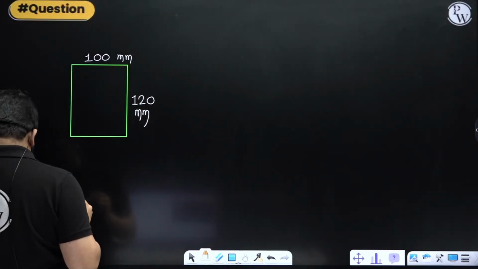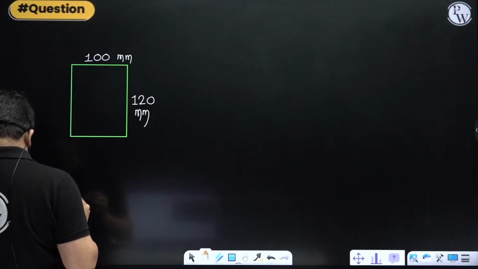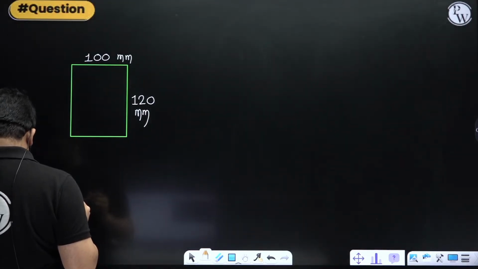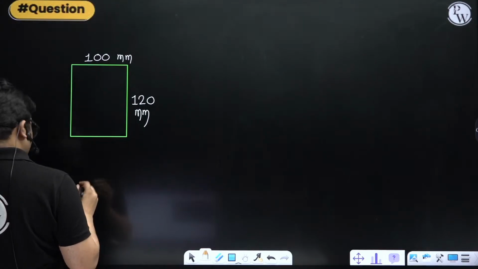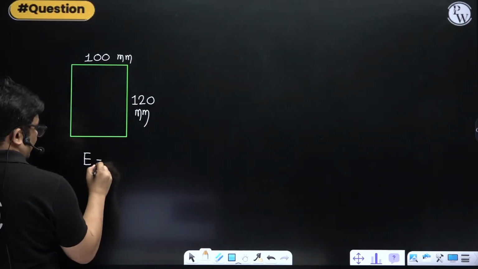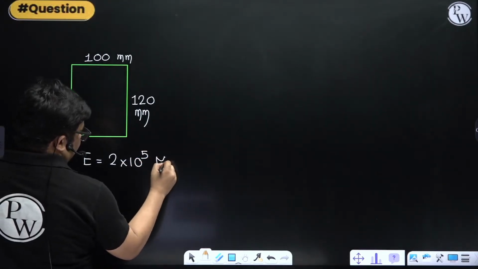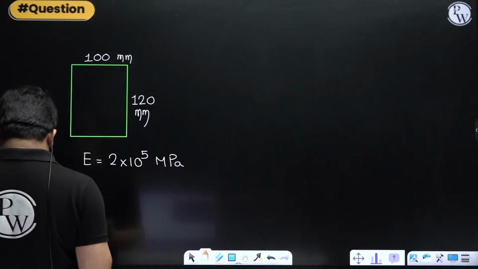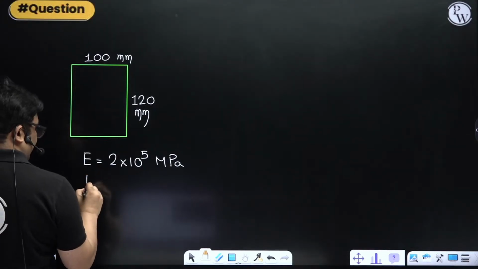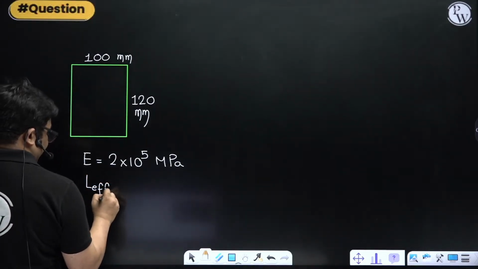Then it is given that E is 2 into 10 to the power 5 MPa. So E will be given, don't worry. And your effective length is directly given as 3 meter.